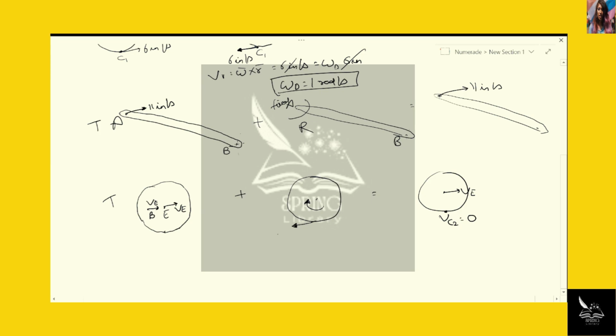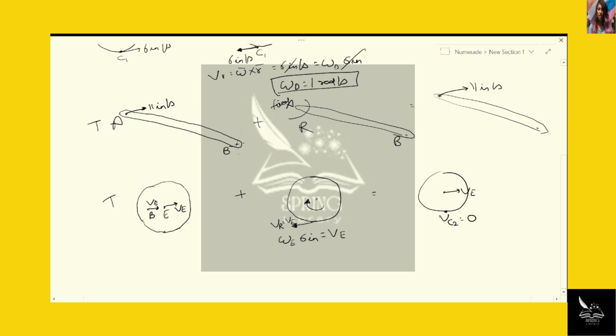Okay, so what is the omega for this? We know that here V rotational has to equal VE. So omega of E times radius, which is 6 inches, has to equal VE.